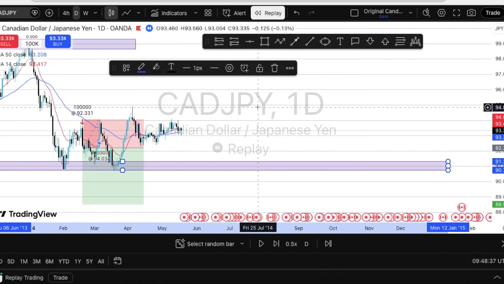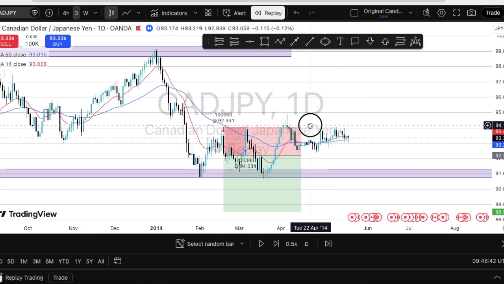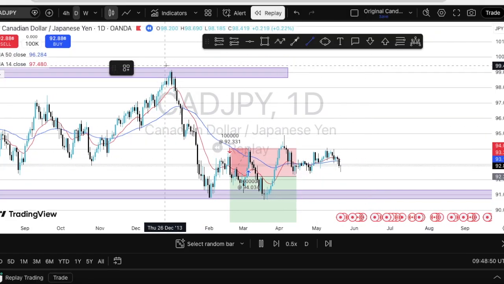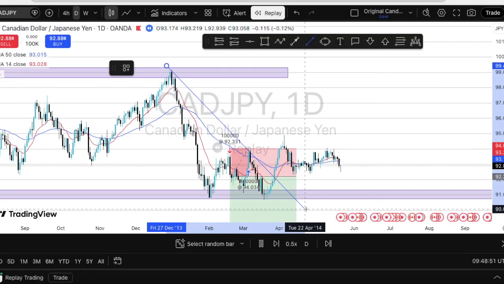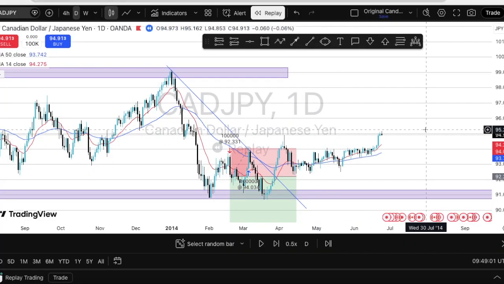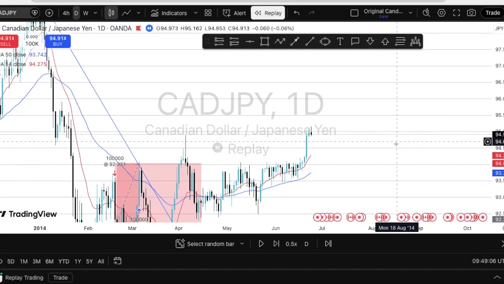It's a double bottom. This looks like a high. Okay, price has made a high.